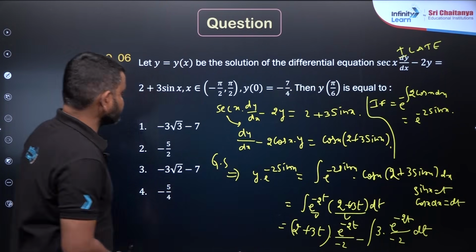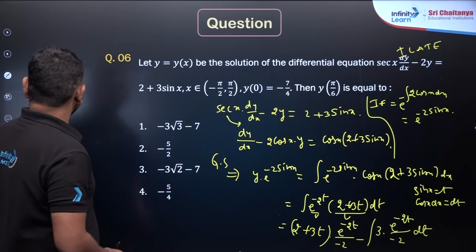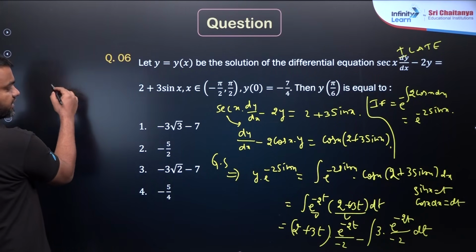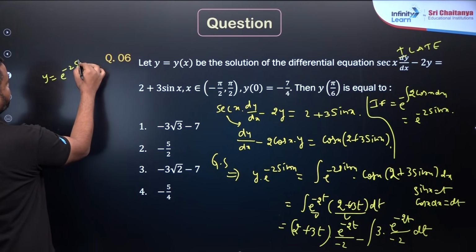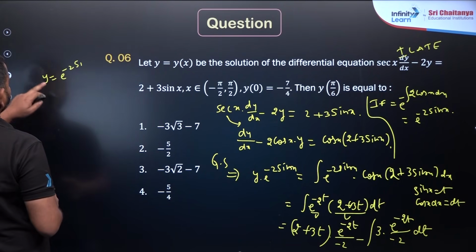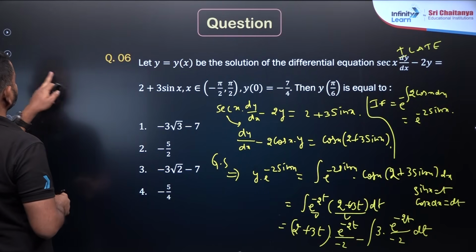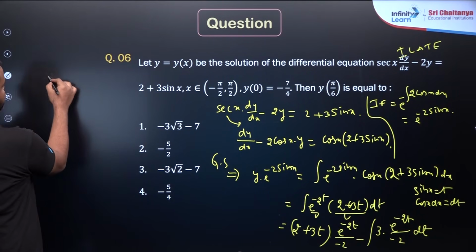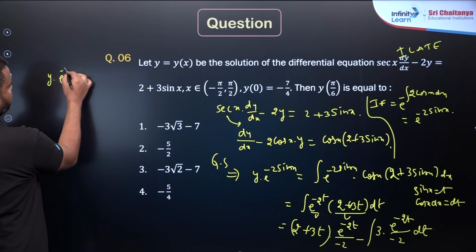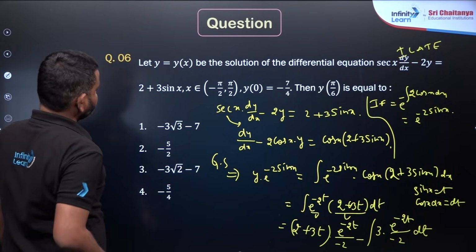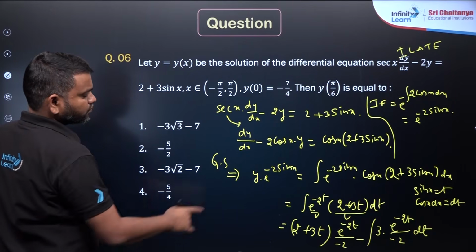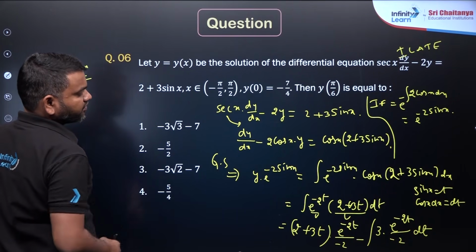Now this gives us y into e power minus 2 sin x equals, this is what I am getting, 2 plus 3 and e power minus is there.